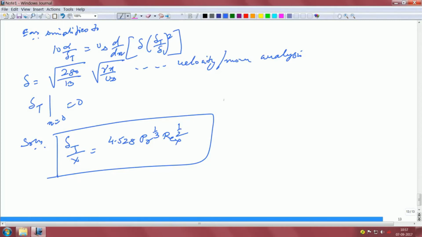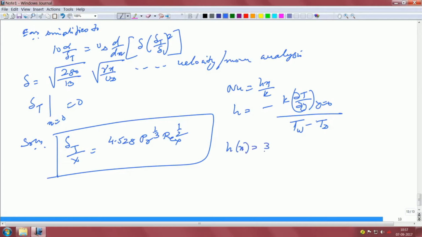Now, we already know Nusselt number is defined as hx by k and h is defined as k, just to recap, dT by dy at y equal to 0 divided by T wall minus T infinity, not Ts, that we already knew. So, now it becomes a very simple thing that Hx then becomes 3 by 2 k by delta t.